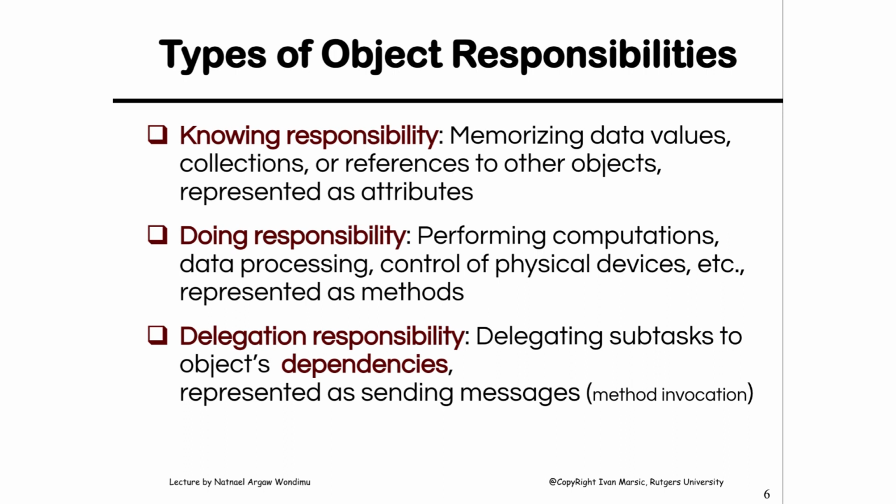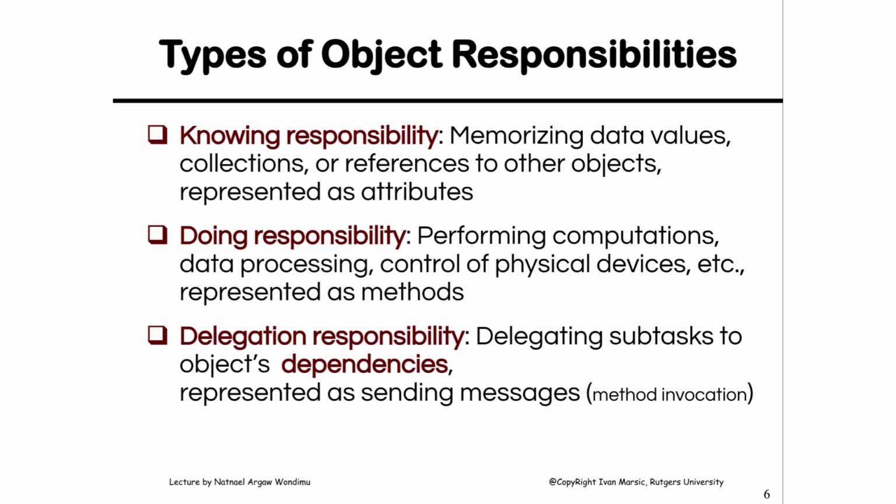The second responsibility of an object inside a dynamic model is doing responsibility. The first one, knowing, is more about storing and memorizing. The second responsibility of objects is doing. When we say doing, it's about performing computations, data processing, and control of physical devices, and it's represented as methods. So objects that are supposed to know something are represented as attributes or states in object orientation, but objects that are supposed to do something, perform some computation or data processing, or control something like physical devices, are represented as methods.